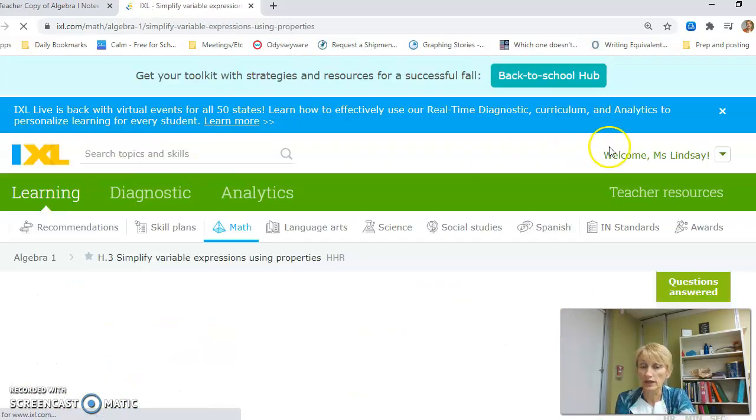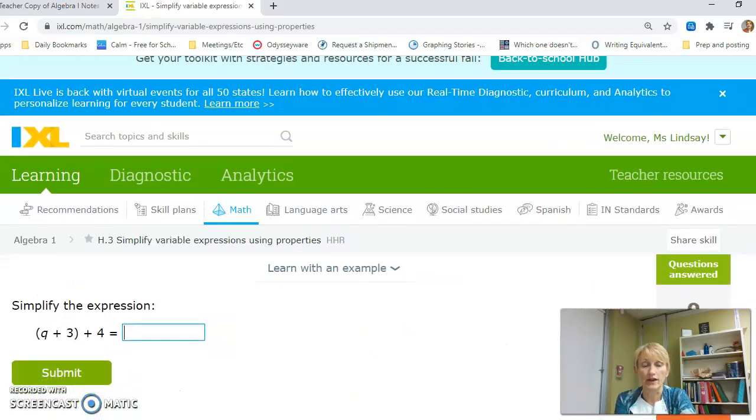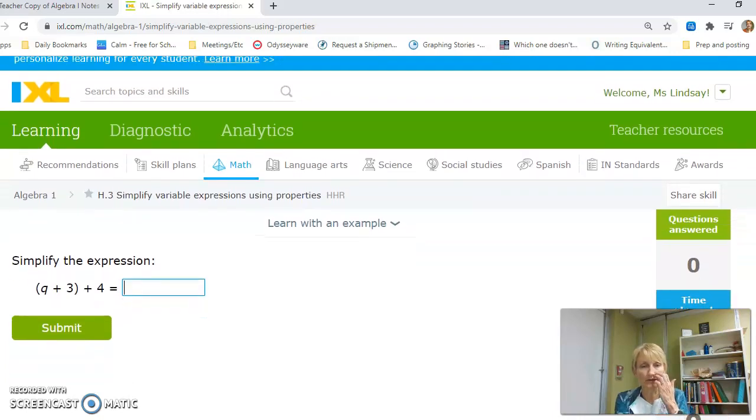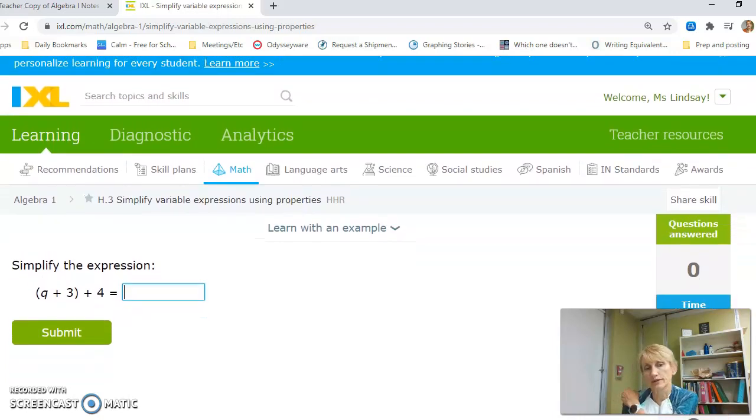So then H3 we're talking now about simplifying. So some of these simplifying are pretty straightforward, like there's no distributive property to do. Basically just that we can put the 3 and a 4 together. So this is just Q plus 7.